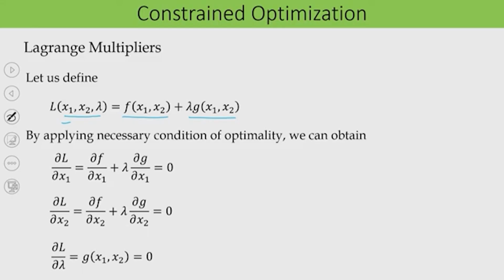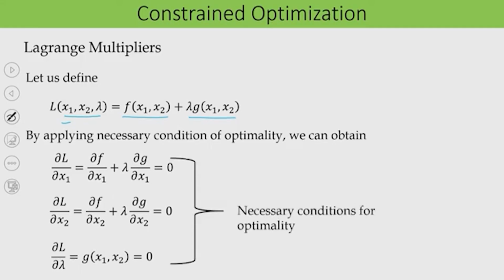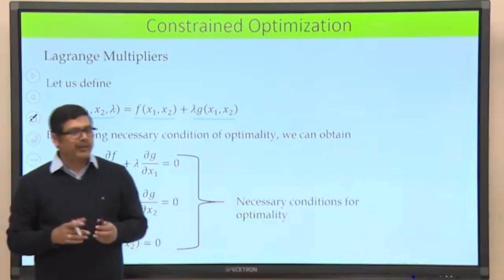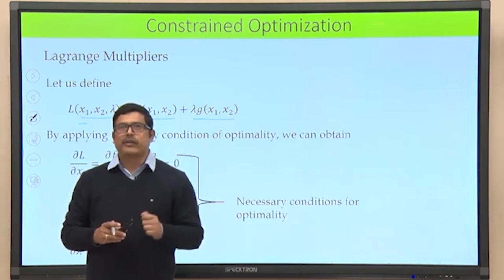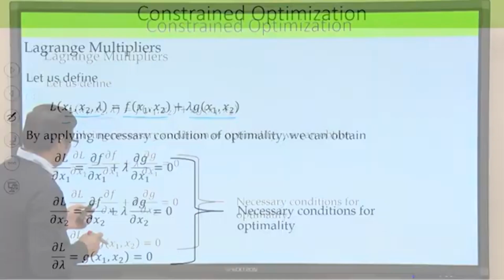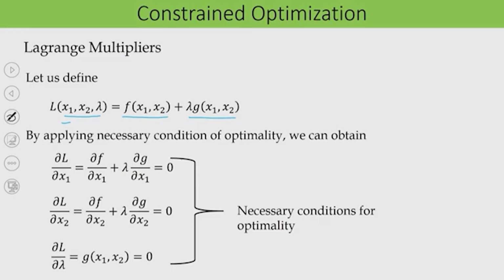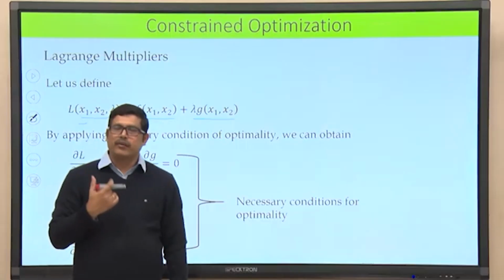And if you take the derivative with respect to lambda, you get g of x 1 x 2 equal to 0. So we get all these three equations, and these are the necessary conditions for optimality in a constrained optimization problem having an equality constraint. Now, if I solve these three equations, I can find the values of x 1 star, x 2 star and lambda star.